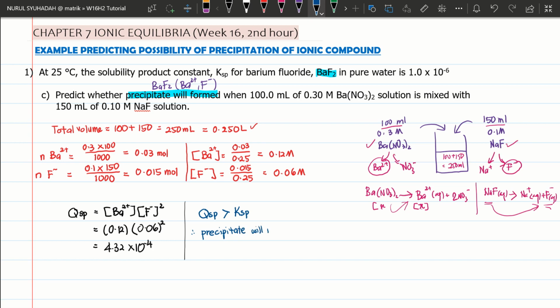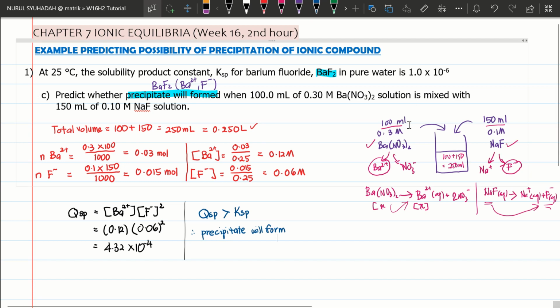Okay, meaning when we add these two solutions together, when we mix these two, we will get a precipitate. What precipitate? BaF2. Okay. So this is for the first example.